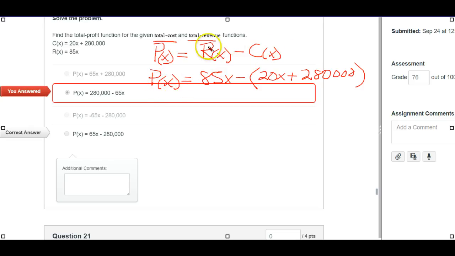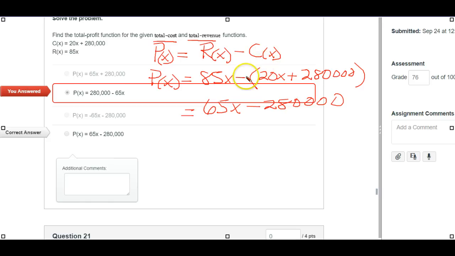You subtract the cost from the revenue, and there's the revenue, and you have to put the cost in parentheses, because now when you remove the parentheses, then this stays the same. Well, this is 20x subtracted from 85, which will give you 65x, and this is just minus.